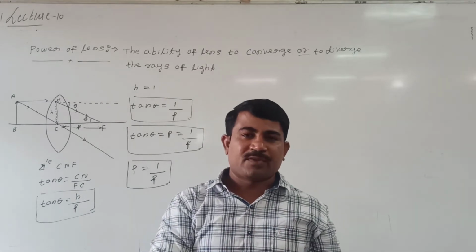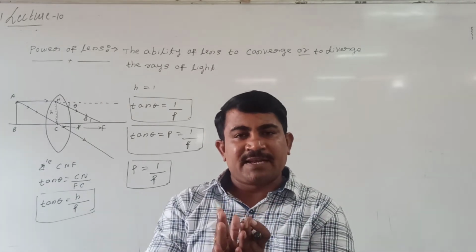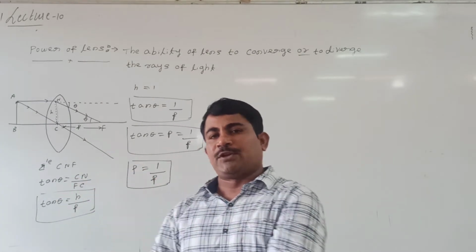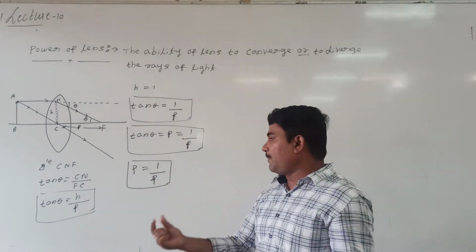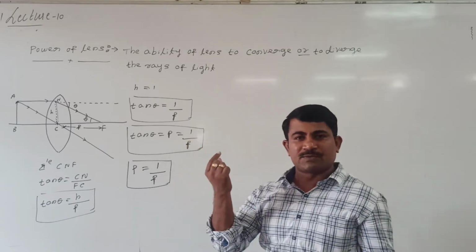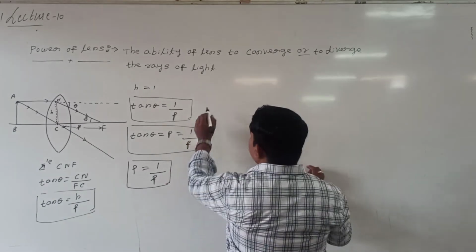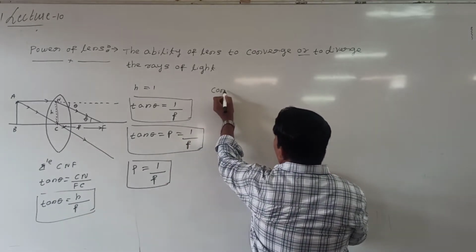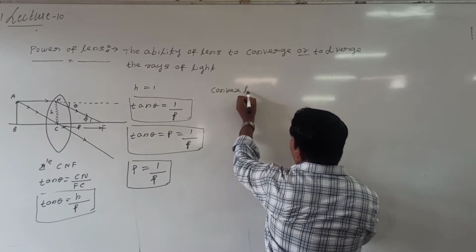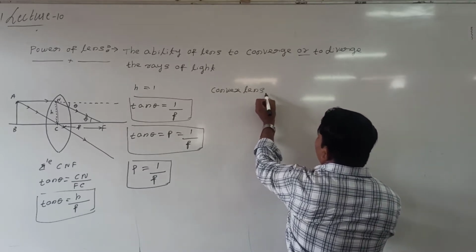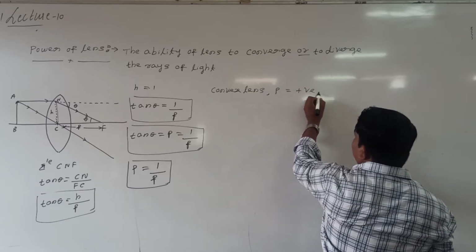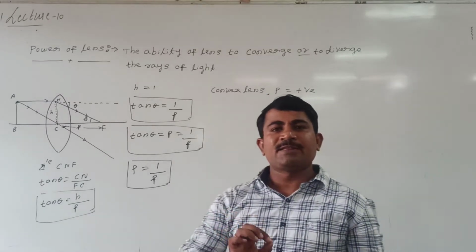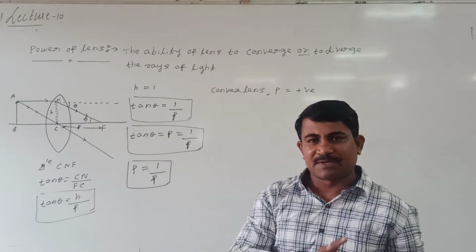But we know, for a convex lens, focal length is taken to be positive, so the power of lens can be taken to be positive. See here, for a convex lens, the power of lens is taken to be positive because the focal length of a convex lens is taken to be positive, right?